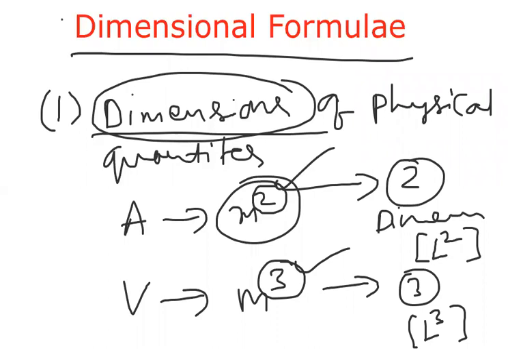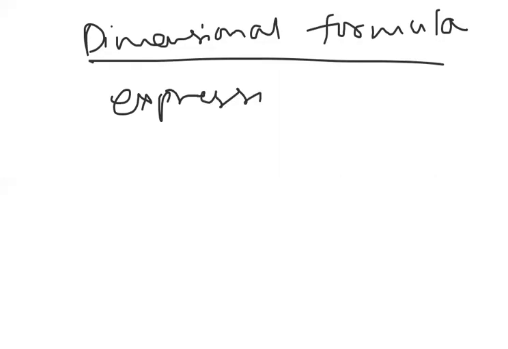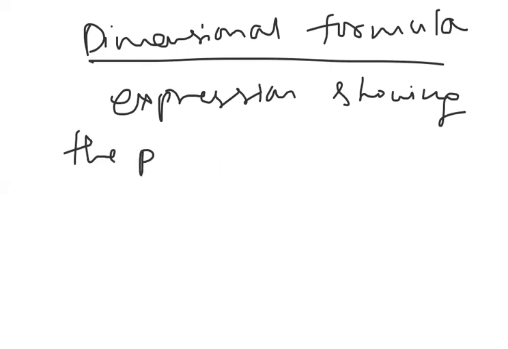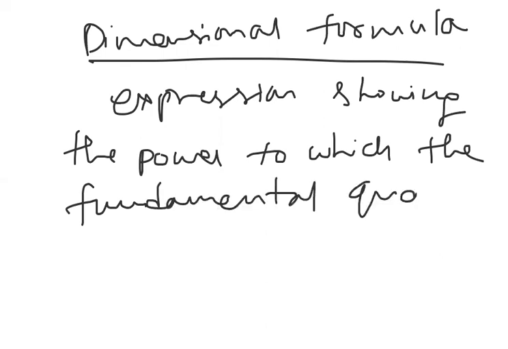Now, how do we write the dimensional formula? We have to analyze that. What does dimensional formula mean? It is simply an expression showing the powers to which the fundamental quantities, not all quantities, must be raised.